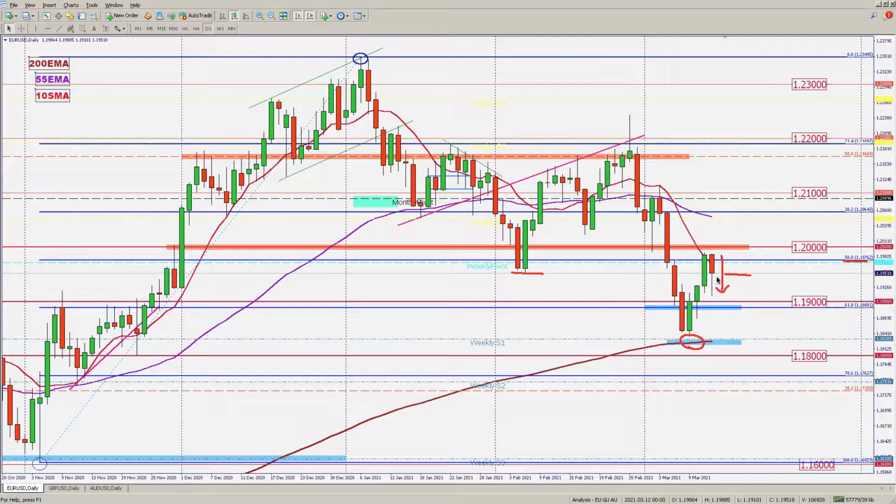So we'll see this coming week whether it's going to be constrained with resistance up here and perhaps support just below the 119 level at the 62 FIB extension. So it could be consolidating, and no news for the Euro this coming week.